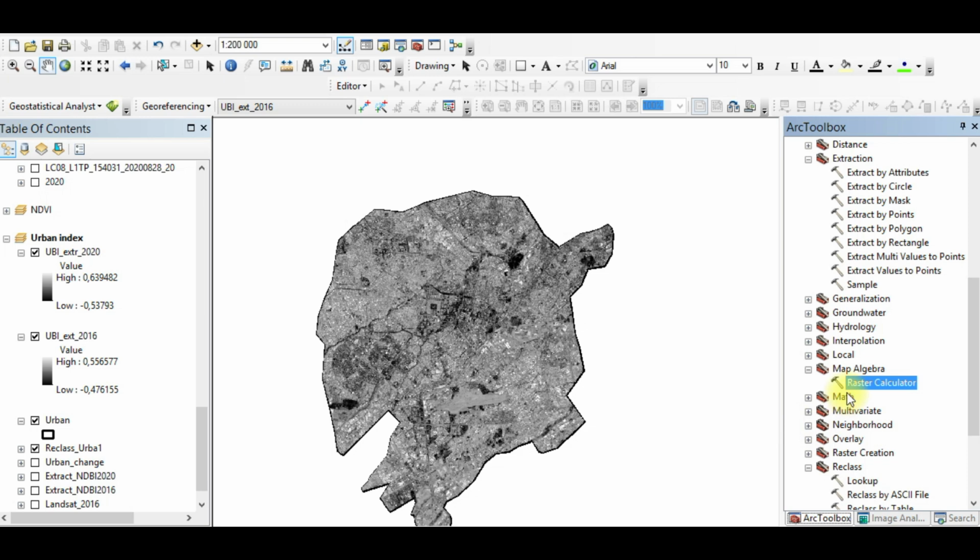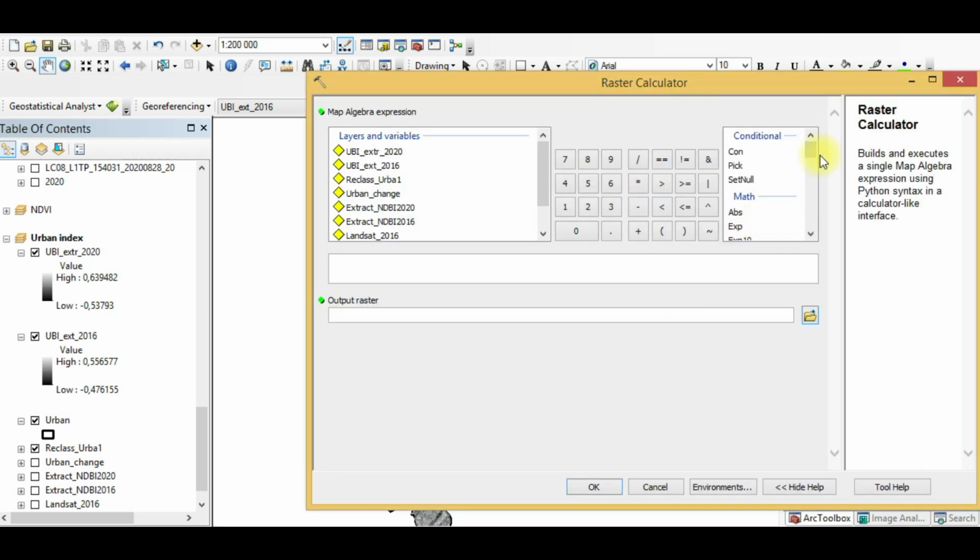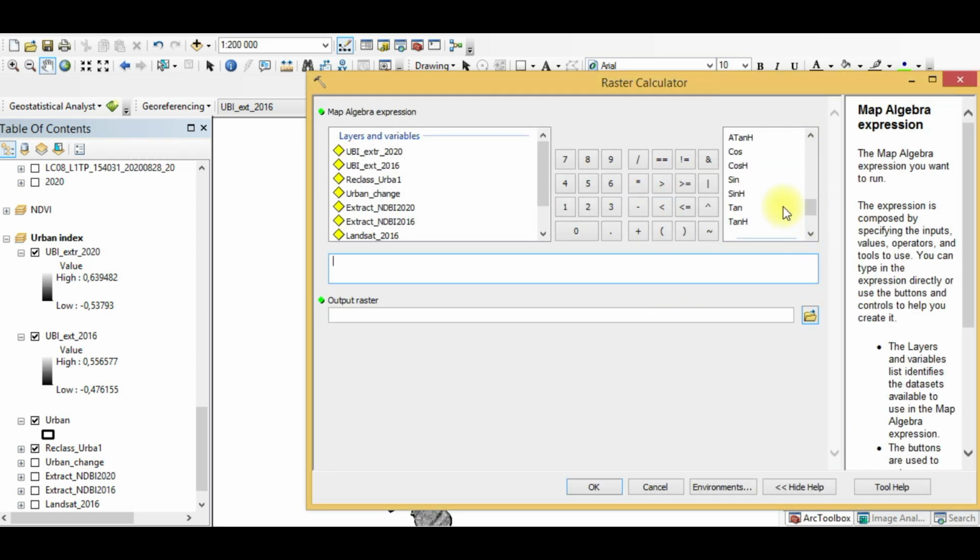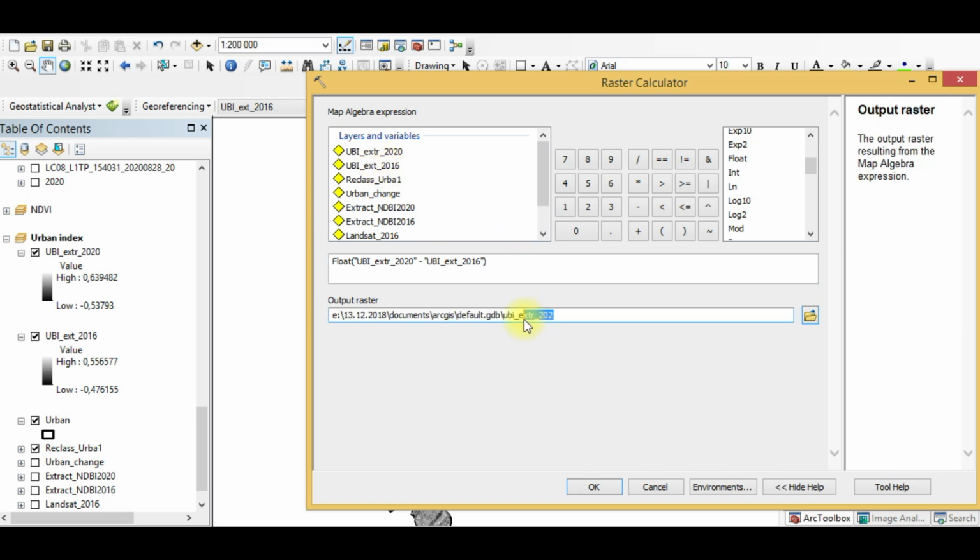So now we can again compare urbanization rate with the raster calculator. Let's subtract 2016 from 2020. UBI change.